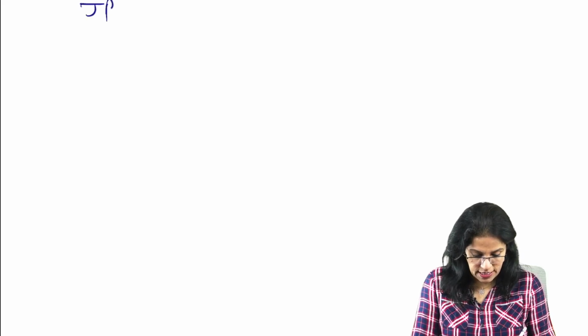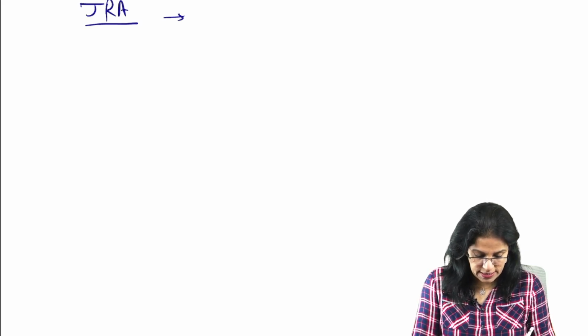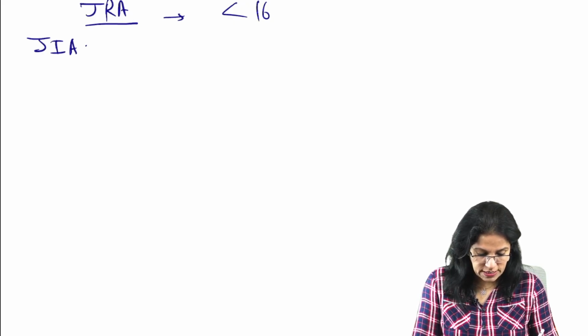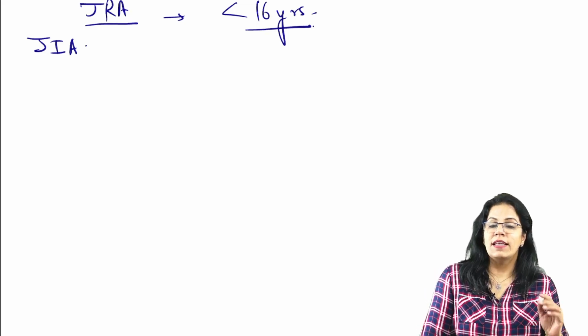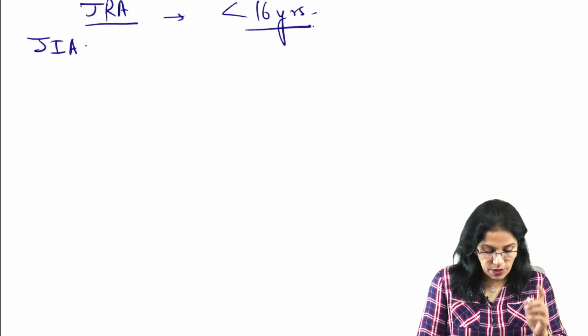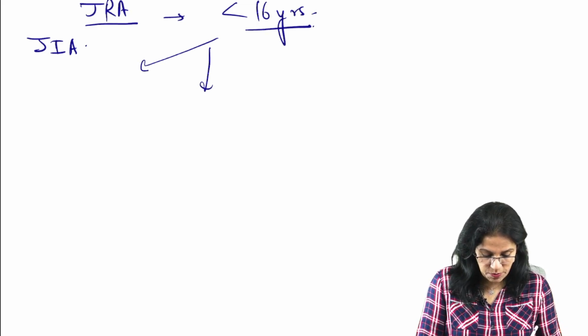Before we see these clinical slides, a few points on JRA, and then I'm going to come back to the slides. How do you define JRA? You will say any arthritis in less than 16 years of age, or juvenile idiopathic arthritis, is less than 16 years of age. We divide it further into three types: pauciarticular, polyarticular, and you remember this?